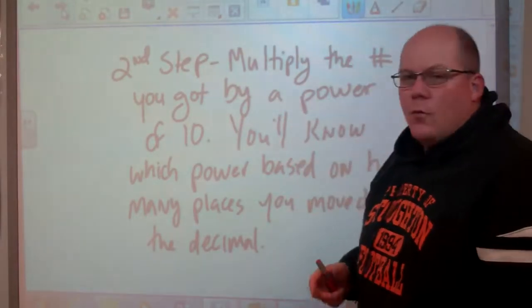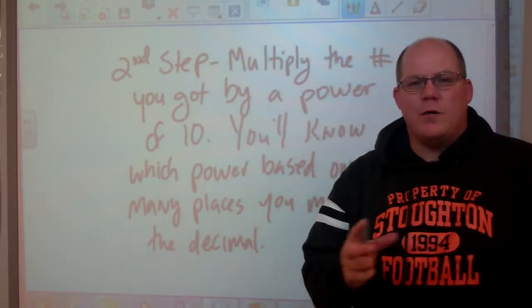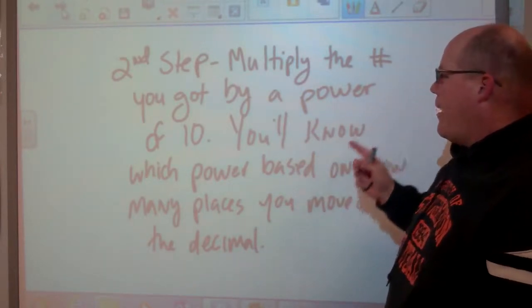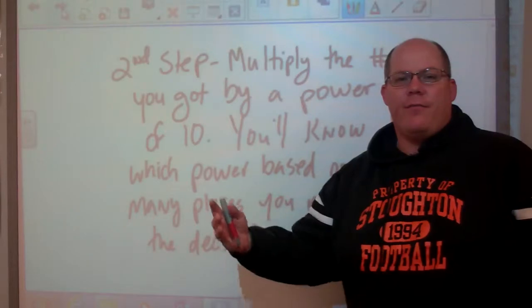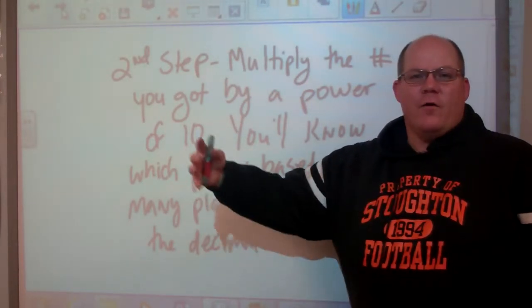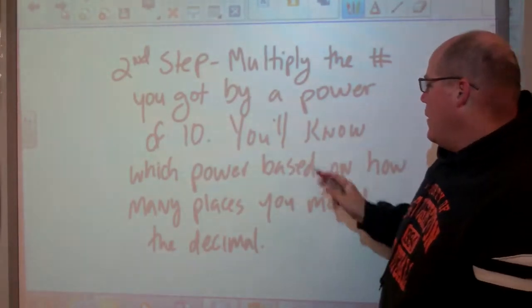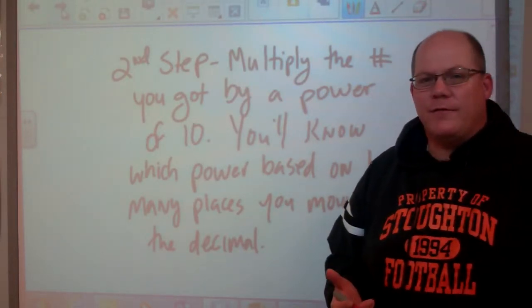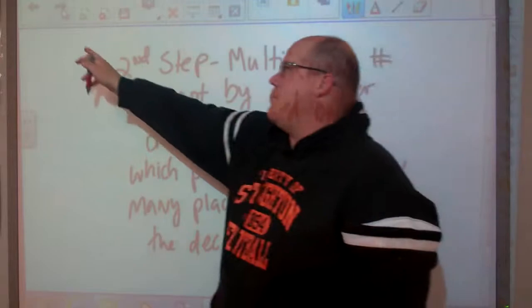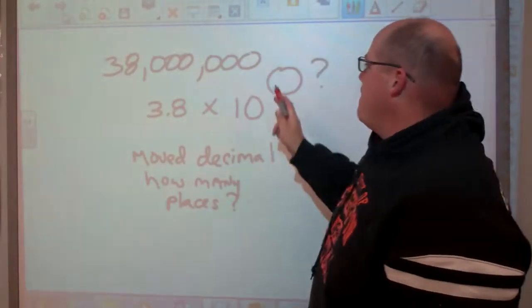Second step. Once I have that number between 1 and 10, now I must multiply that number by a power of 10. 10 to the nth power: first, second, third, fourth, and so on. You'll know which power based on how many places we moved the decimal. So again, let's look at that same number, 38 million.